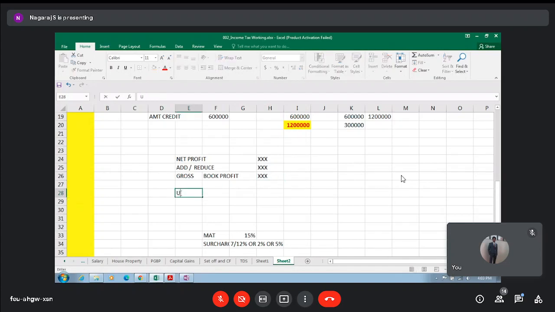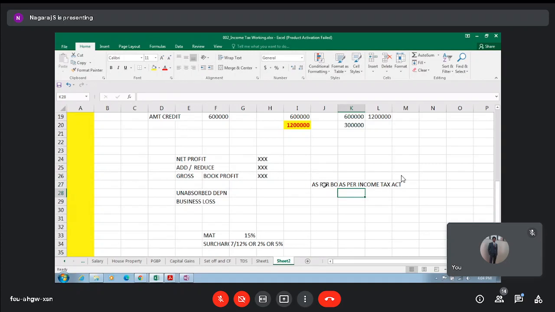From this gross book profit, one adjustment they may give. Unabsorbed depreciation and business loss, as per books and as per Income Tax Act. Please listen carefully.